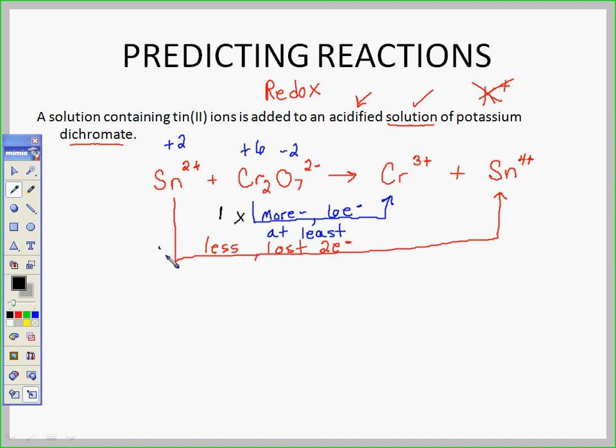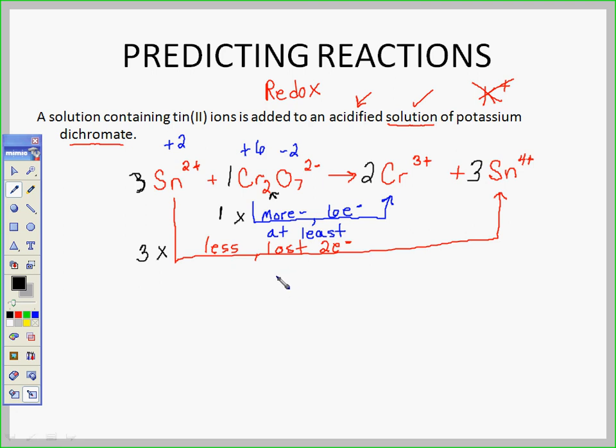I'm going to multiply that by 1 and this by 3. So I'll have 3 tins on both sides. I'm going to have a 1 here, but I do have to put a 2 here on the chromium ion. So be really careful when you have polyatomics that have more than 1 in the chemical formula.